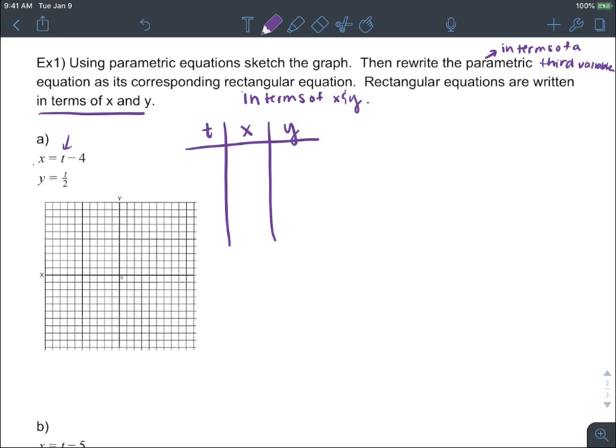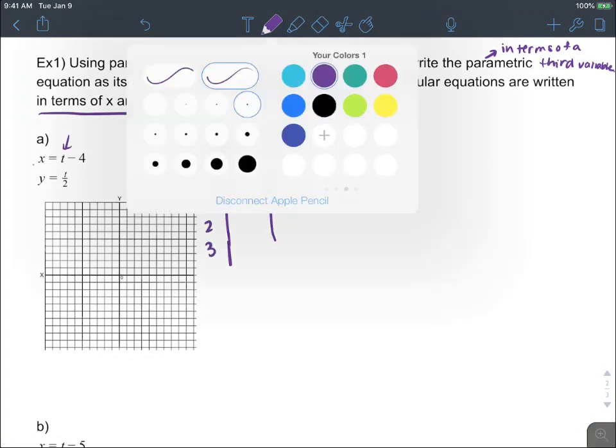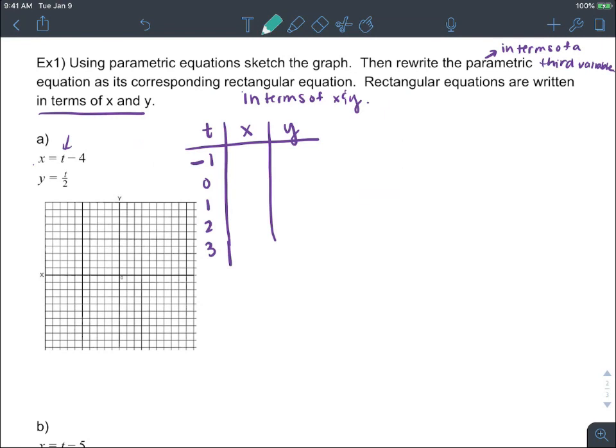So I'm going to go ahead and choose some times, -1, 0, 1, 2, 3. Okay, and then for the x, I'm going to go ahead and plug in -1 minus 4, which is -5, 0 minus 4, which is -4, so on and so forth, -3, -2, -1. So in the x direction, I'm moving linearly.